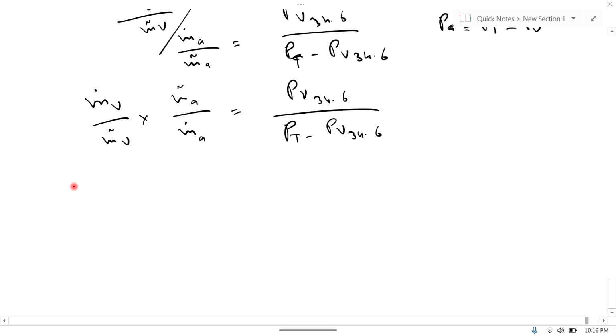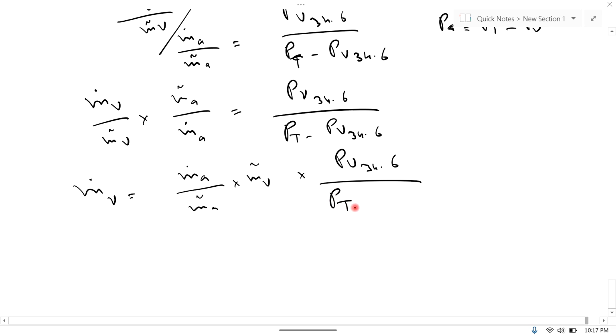Now mass flow rate of V is equal to, writing these values on the other side, m dot V is equal to m dot A divided by molar mass of air multiplied by molar mass of vapor multiplied by PV at 34.6 divided by P total minus PV at 34.6.